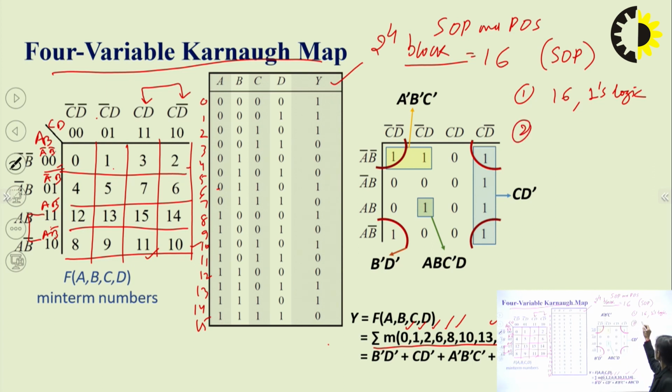Secondly, we are going to calculate 8 ones logic group. So we also didn't have any 8 ones logic group. The condition is it should be the adjacent ones. So here the adjacent ones in the form of 8 group is not present. So after this we are going to form the 4 ones logic group.